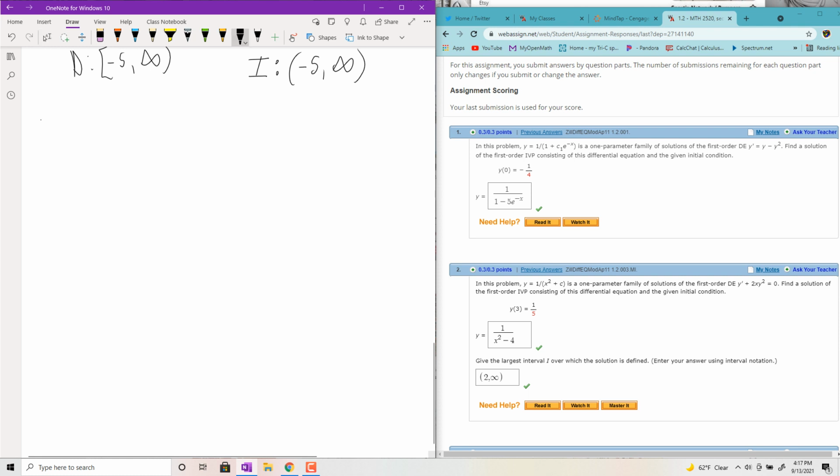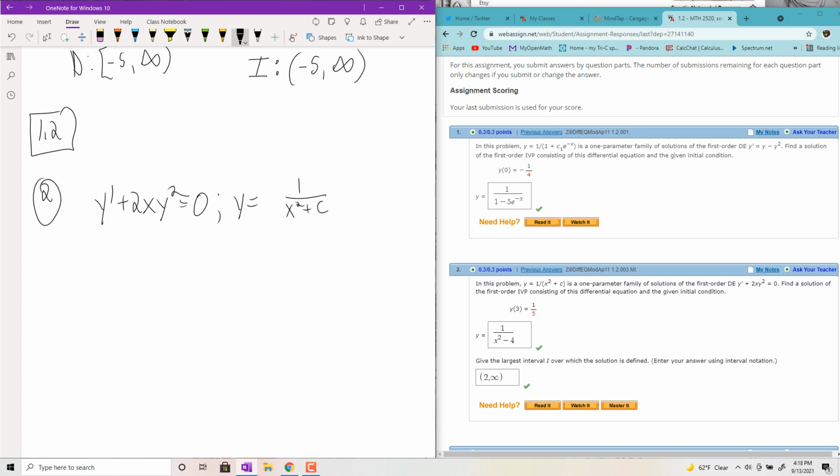So for example, in problem 2, they're giving you the differential equation y prime plus 2xy squared is 0. We don't necessarily even need that. The solution is 1 all over x squared plus c, and the initial condition is y of 3 equals 1/5.